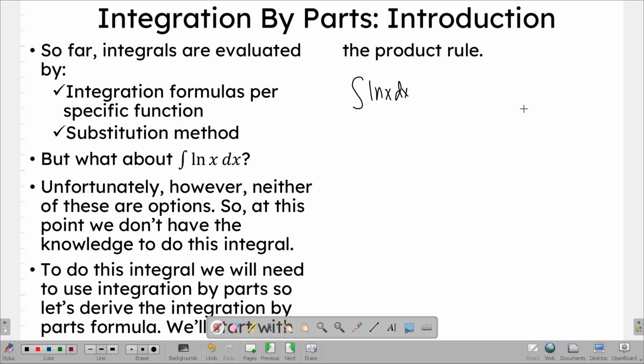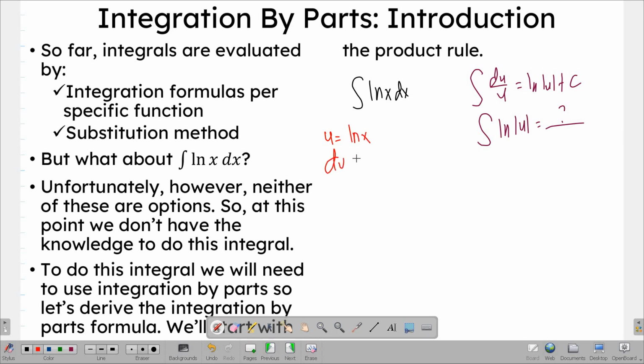What we have is that the integral of du over u, where u is a differentiable function of x, is equal to ln of u plus c. But the integral of ln u, we don't have such a formula for that. If we try the substitution method, or u-sub method, we don't have much of a choice but to let u be equal to ln x.